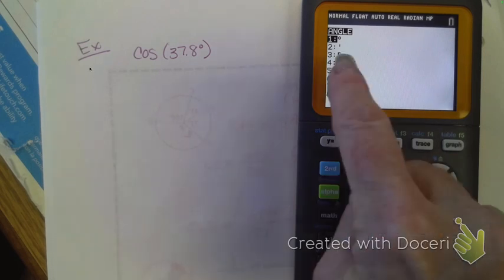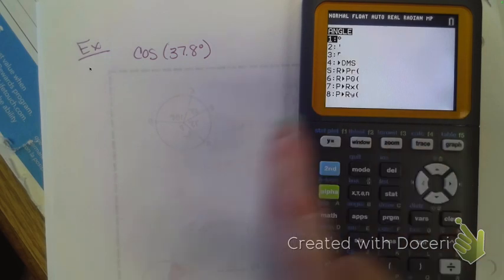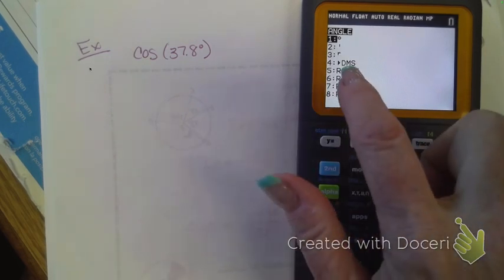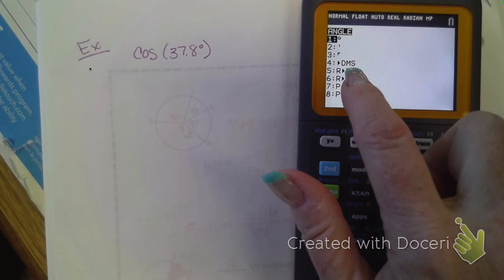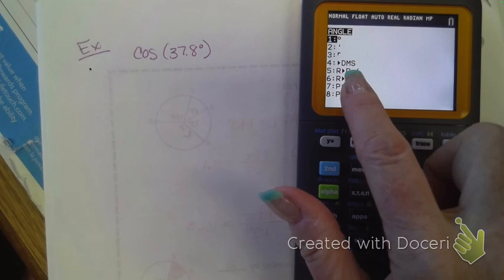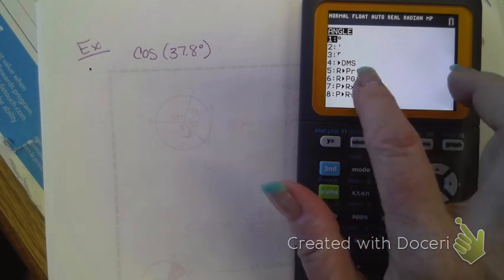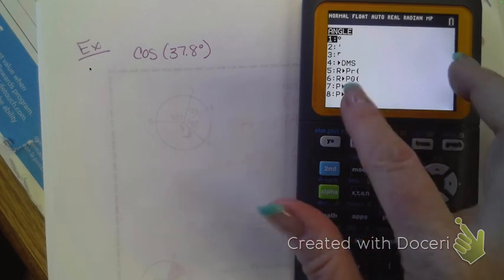What else do you see? A minute. It's there. What does DMS stand for? That's degree, minute, seconds.